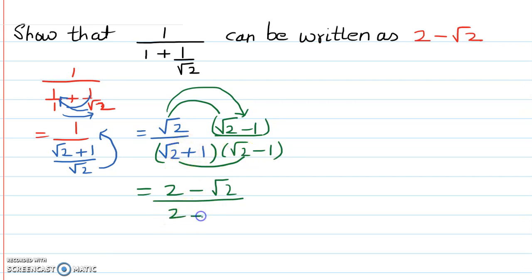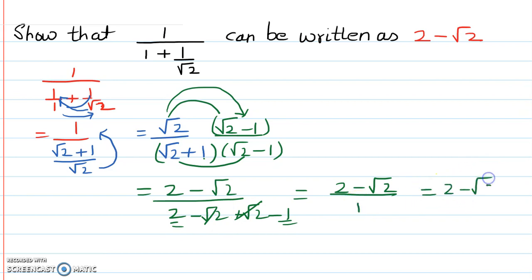Root 2 times minus 1 is minus root 2. Plus 1 times root 2 is plus root 2. And plus 1 times minus 1 is minus 1. Yeah, so this is cancelled, and we have got 2 minus root 2. And this 2 take away 1 is 1. So our answer is 2 minus root 2. Yeah, nice and easy.